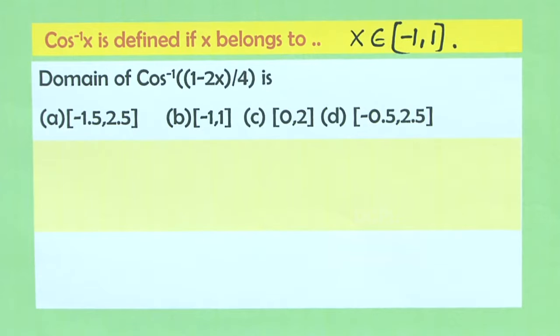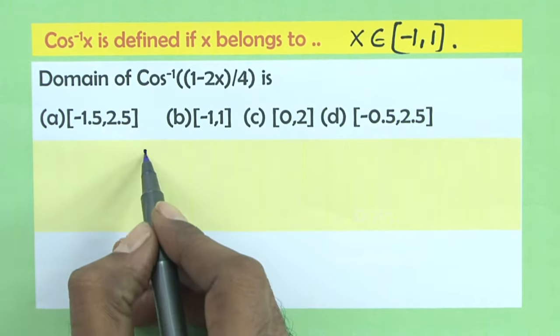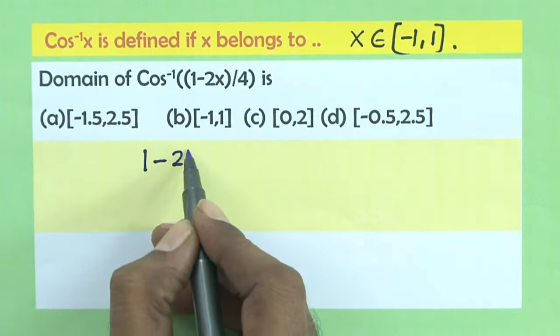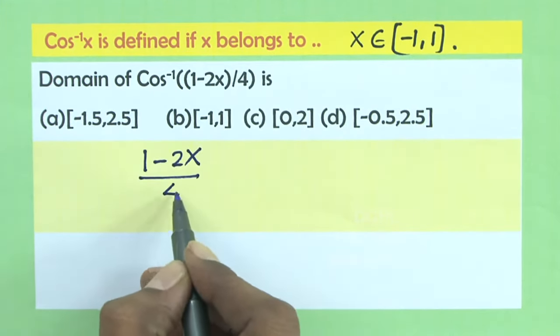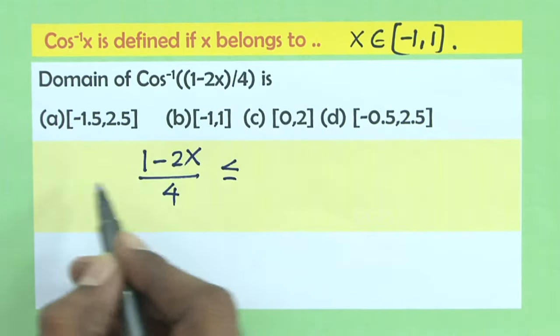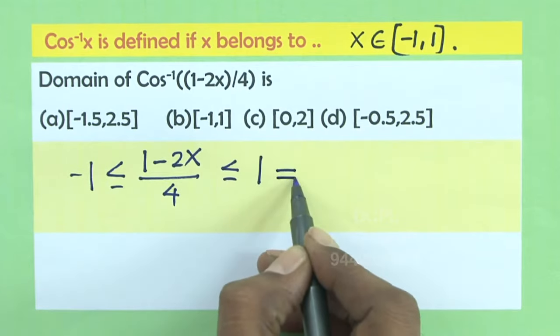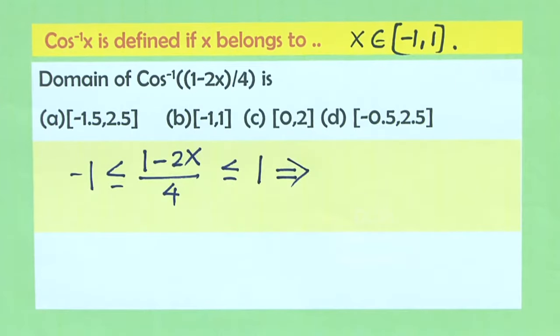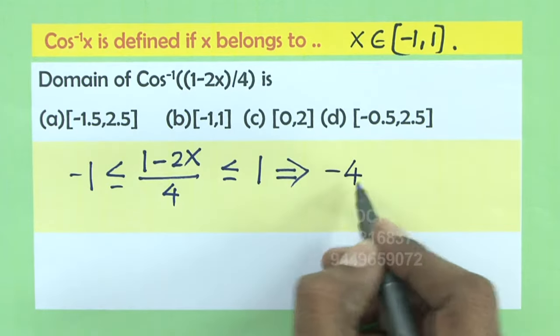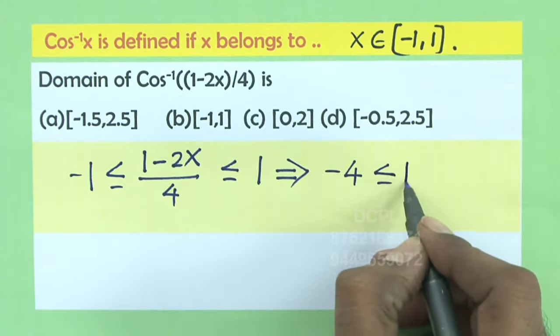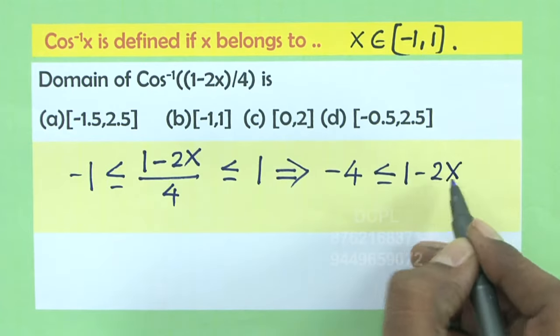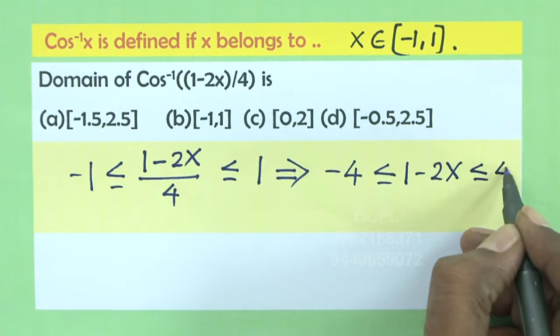Domain of cos inverse of 1 minus 2x by 4: 1 minus 2x divided by 4 must lie between minus 1 and plus 1. This implies, multiplying by 4 on both sides, minus 4 is less than or equal to 1 minus 2x, which is less than or equal to plus 4.